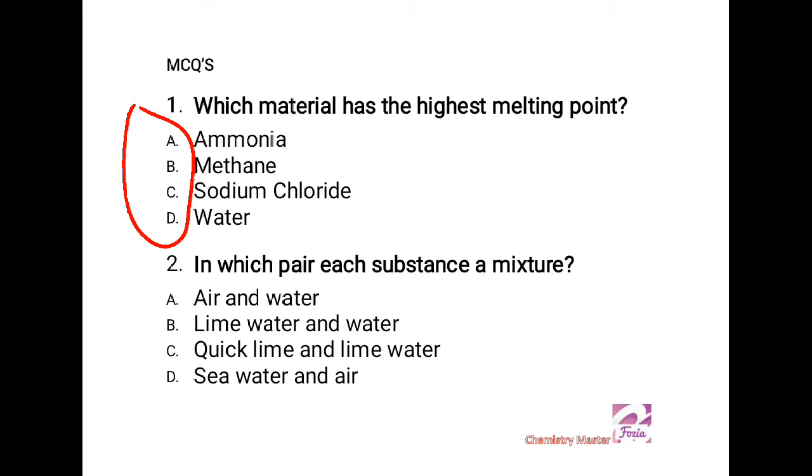Ammonia means a gas of non-metals, nitrogen and hydrogen. Methane, an organic compound, consists of carbon and hydrogen, again non-metals. Water, a molecular compound which is found in liquid state, has no ionic character.